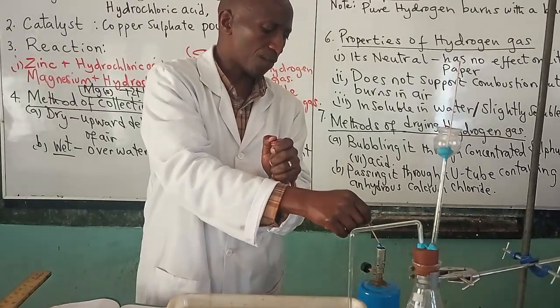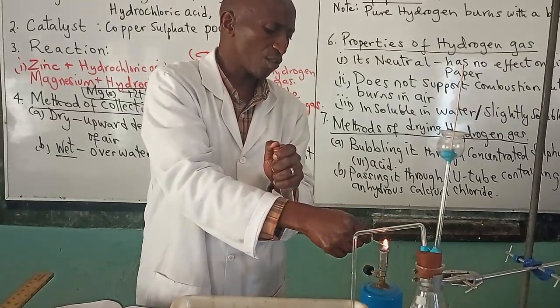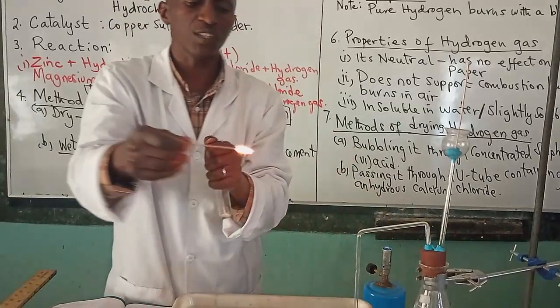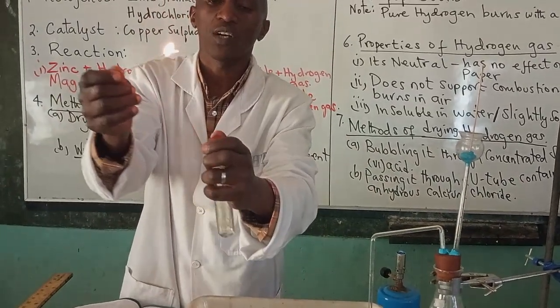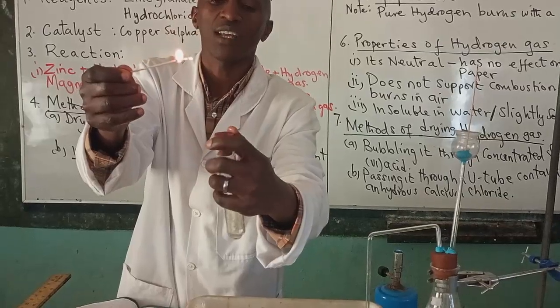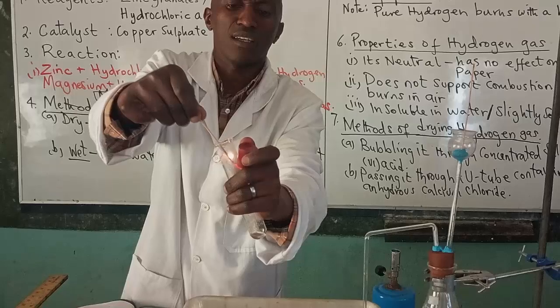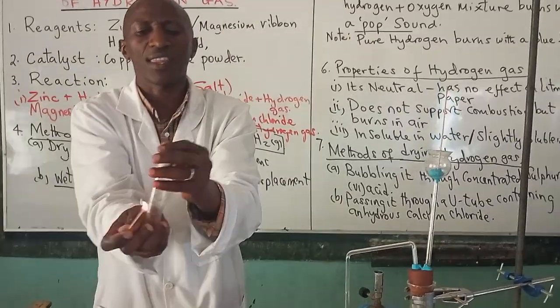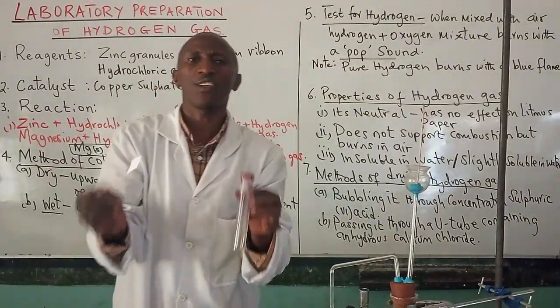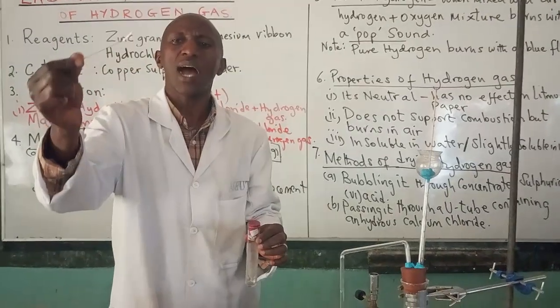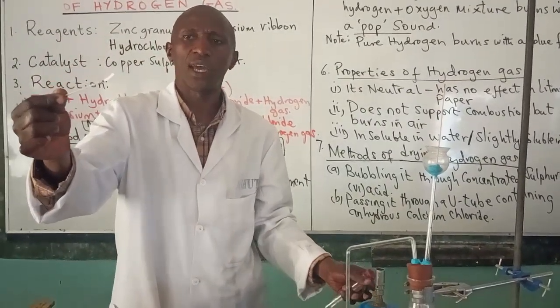However, if, for instance, we introduce a burning splint, we expect it to relight. Let's see if there's still some hydrogen left here. Yes. So we still have the hydrogen. So that creates the difference. This is a glowing splint.